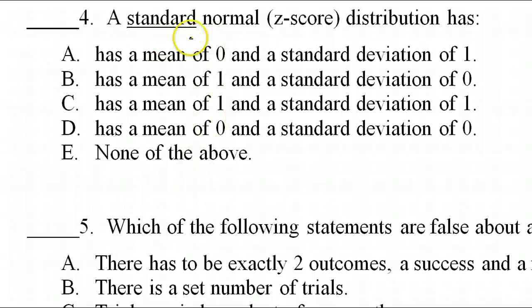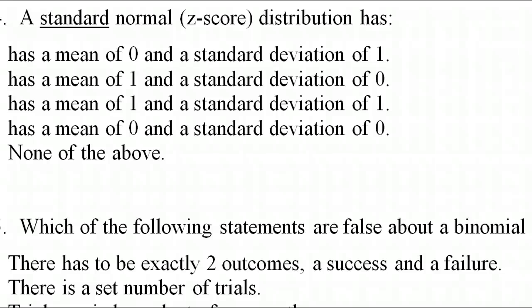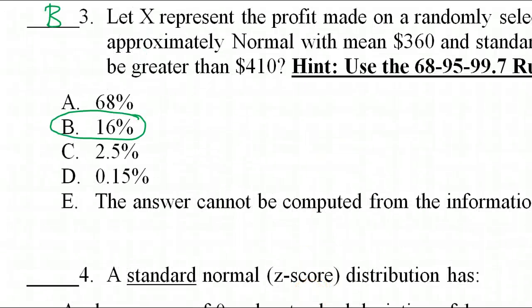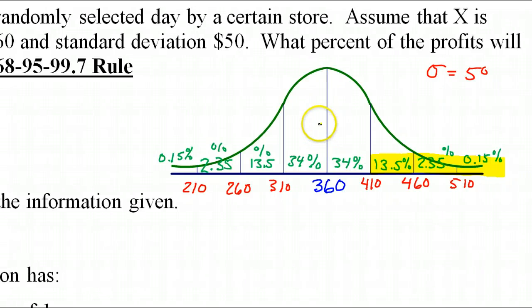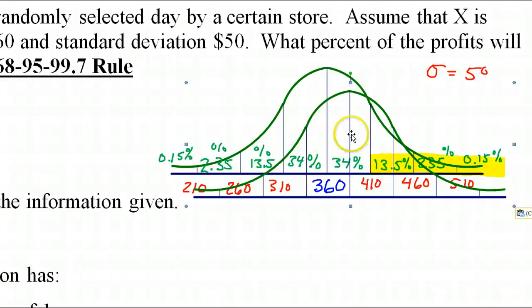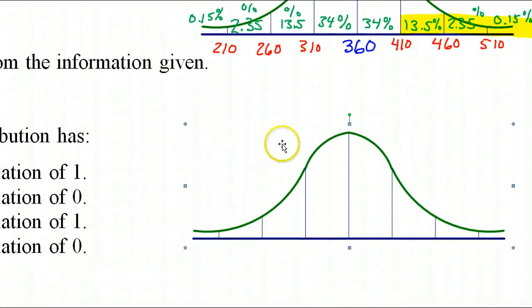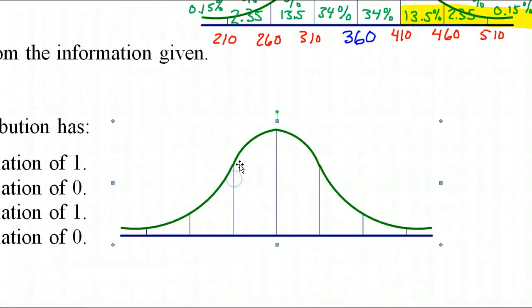Number 4, a standard normal z-score distribution. Well, it's kind of like one of the curves that we just did in problem number 3, but we're talking about z-scores now. Let me see if I can just cut and paste this. We learned that if it's going to be a z-score chart, we always do it the same way.